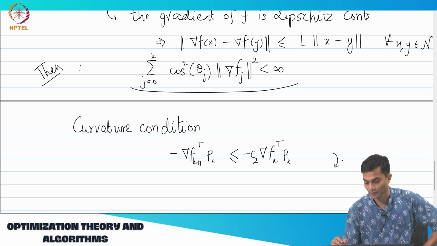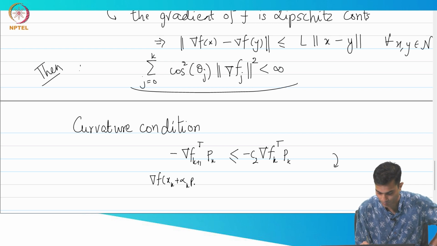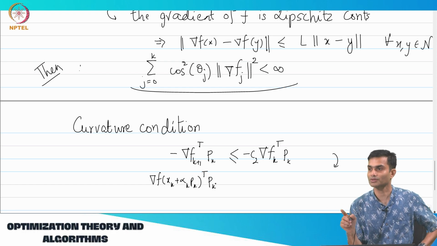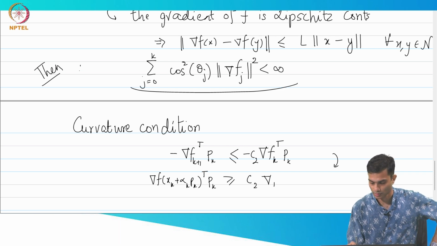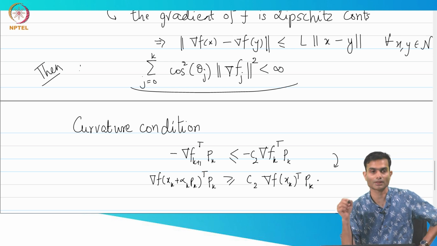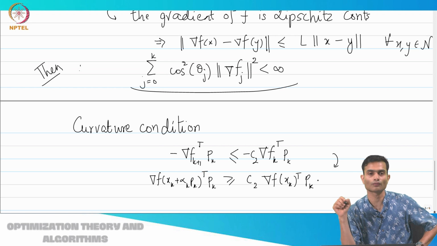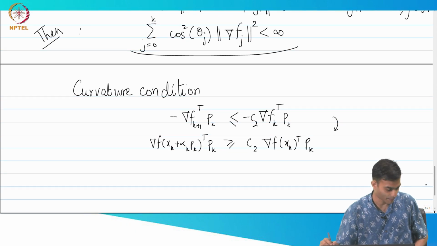Now let us get rid of these minus signs and open it up. So grad f of x k plus alpha k p k transpose p k, there is a minus sign I am multiplying on both sides, so this becomes greater than or equal to C2 times grad f of x k transpose p k. Was this the strong Wolfe condition or the regular Wolfe condition? In the strong Wolfe condition we put a mod, but there is no mod here. So this is the weaker one, but it is still good enough.